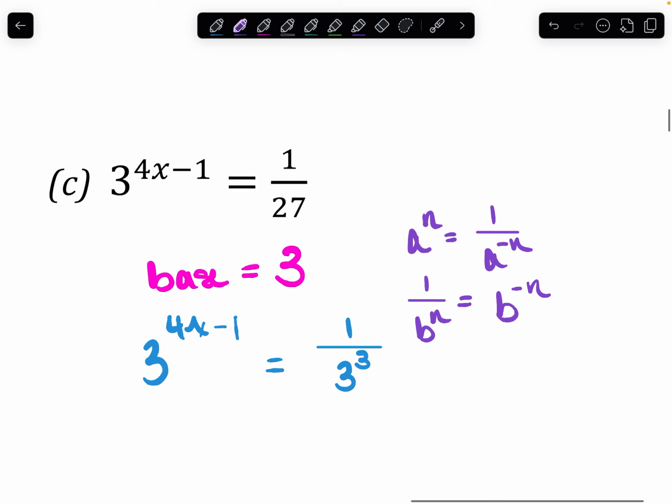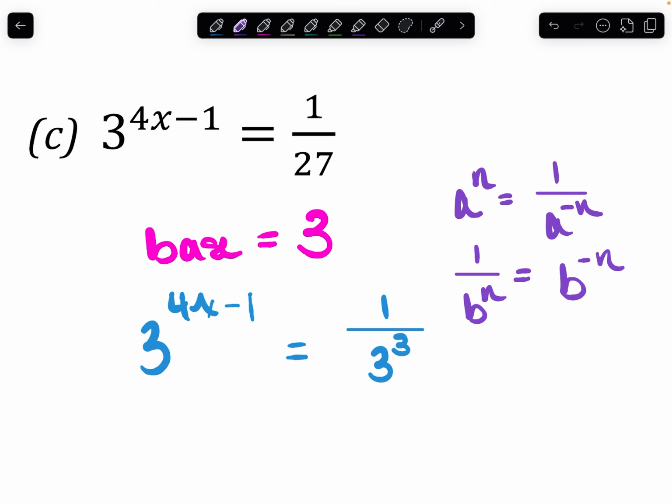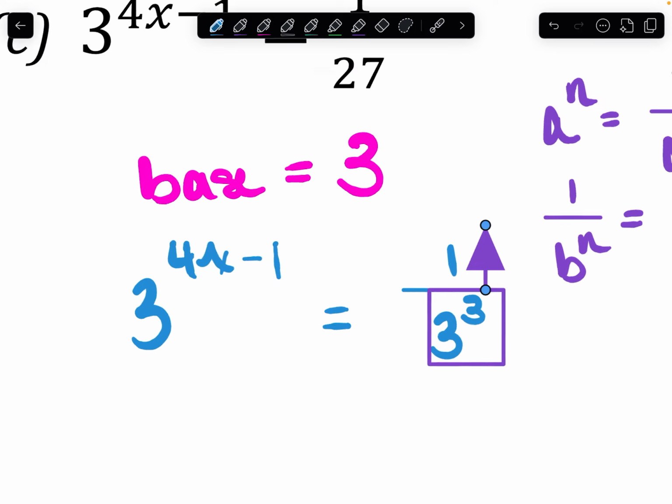What that means is, if we change the sign of the exponent, we can move the exponential term from a denominator up or from a normal number down to the denominator. So I can take this entire chunk, 3 to the third, and move it into the numerator, in other words undo the fraction, as long as I make its exponent negative.